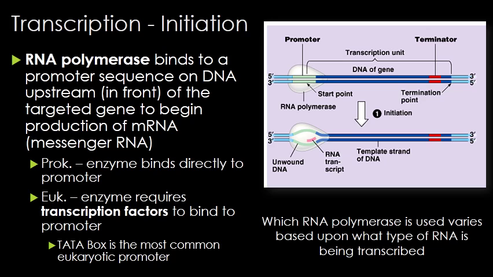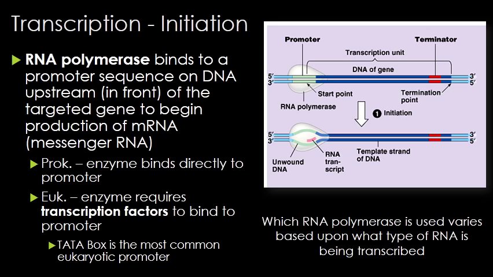In eukaryotes, that binding requires the help of other proteins called transcription factors, and the most common promoter sequence is what's called the TATA box. It's a sequence of TA that is able to allow binding by this polymerase. Prokaryotes don't need any of that because they have a simpler DNA chain, but we do.